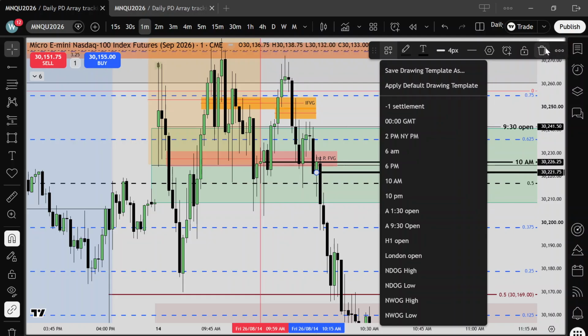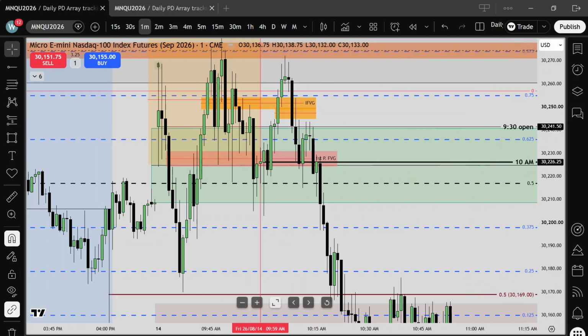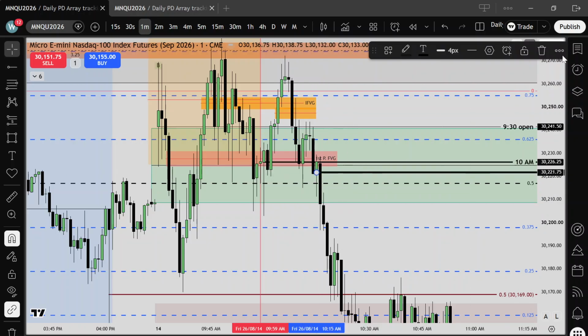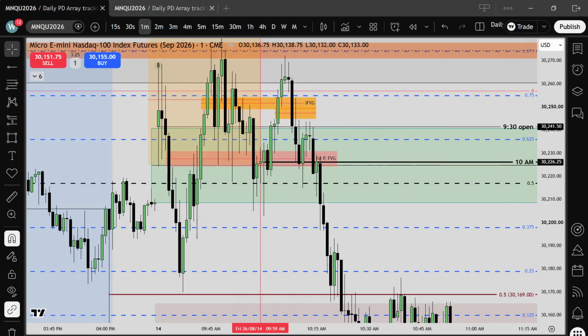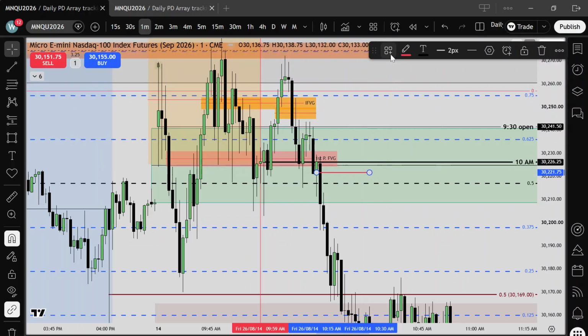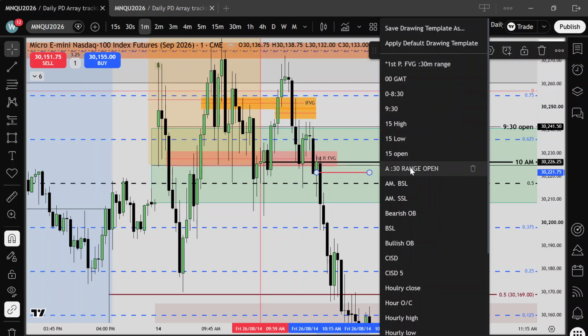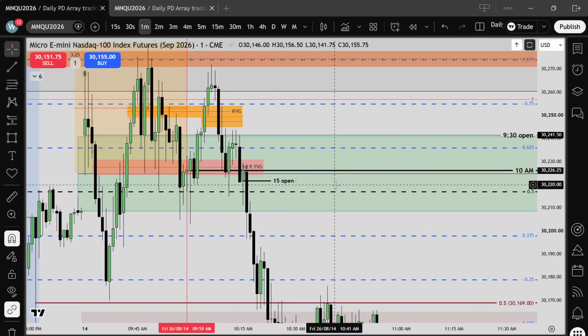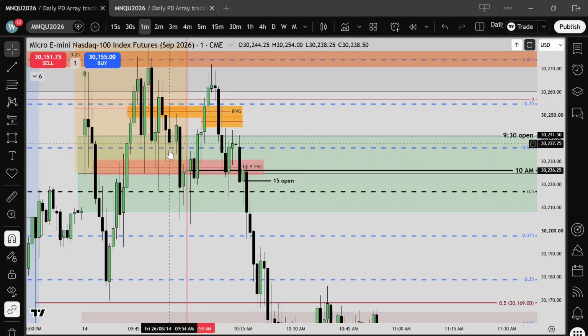Oops, let me fix this real quick. So we can go 15-minute open. Oh my gosh, clicking the wrong one. 15-minute open right there. Even if you had done that, you still have a down close.